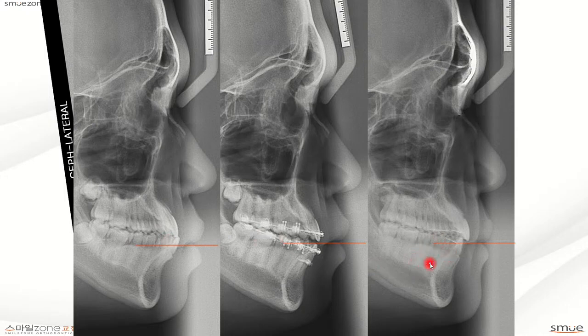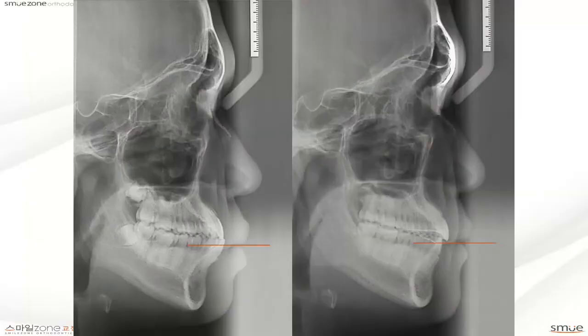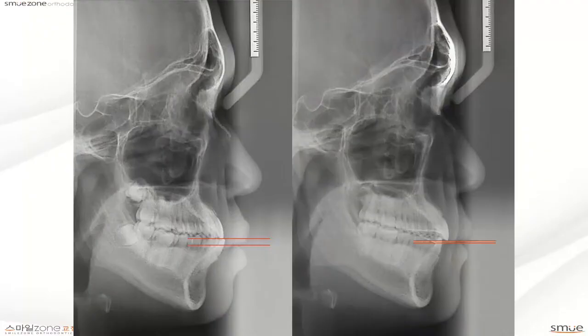The lower incisors were intruded 1 to 1.5 millimeters. Before and after.